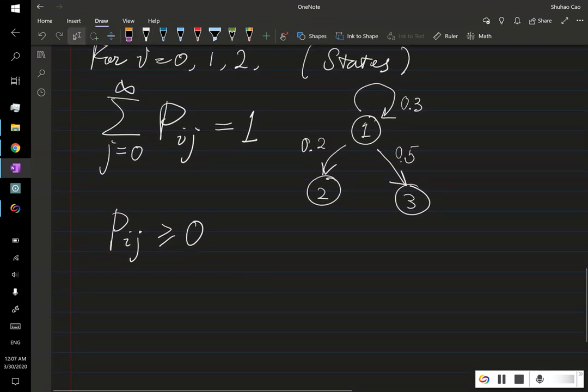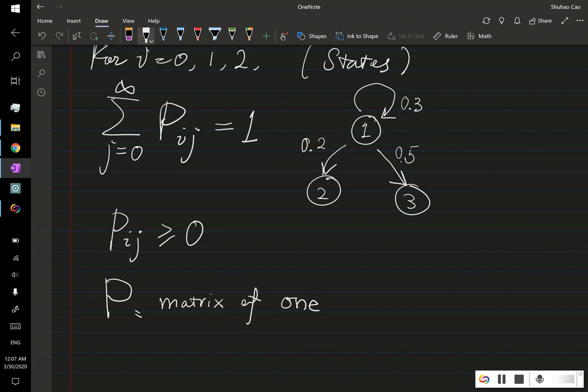And then next we have this capital P right here. This capital P is the matrix of what's so-called one-step transition probabilities.